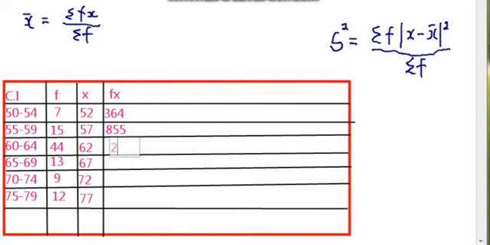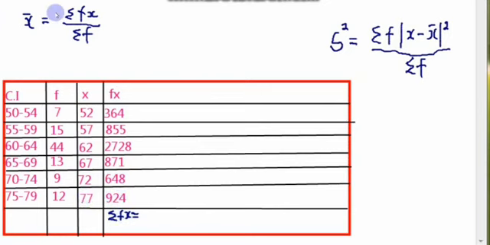Pressing the calculator gives us 2,728. The fourth row, 13 times 67 is 871. Then that's how we do the others. 9 times 72 gives us 648. 12 times 77 is 924.